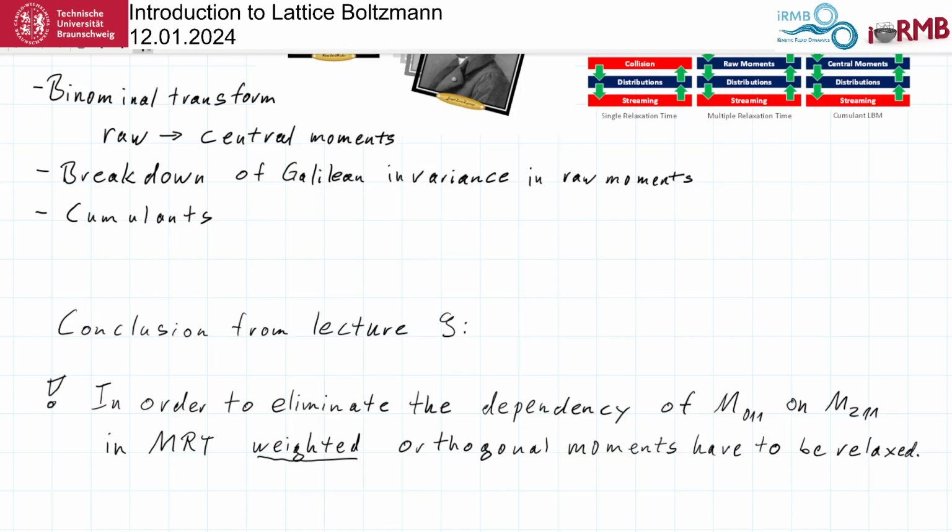So the classical MRT method uses unweighted orthogonality between the moments.